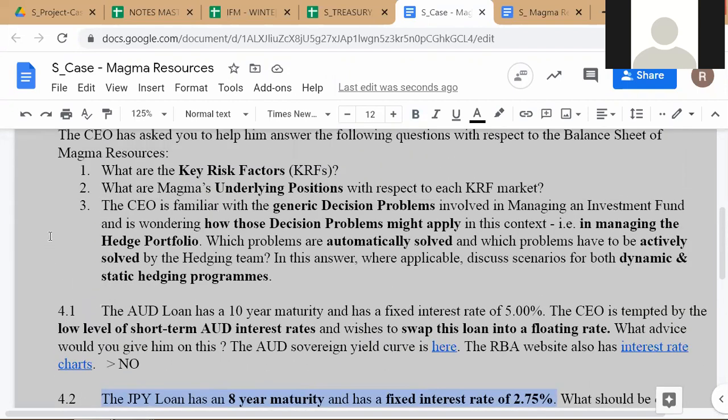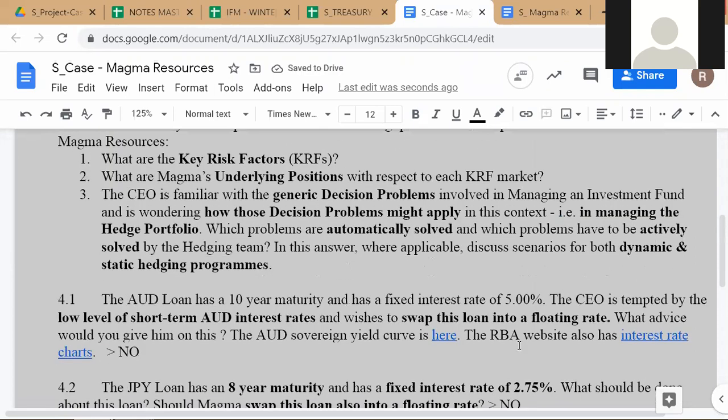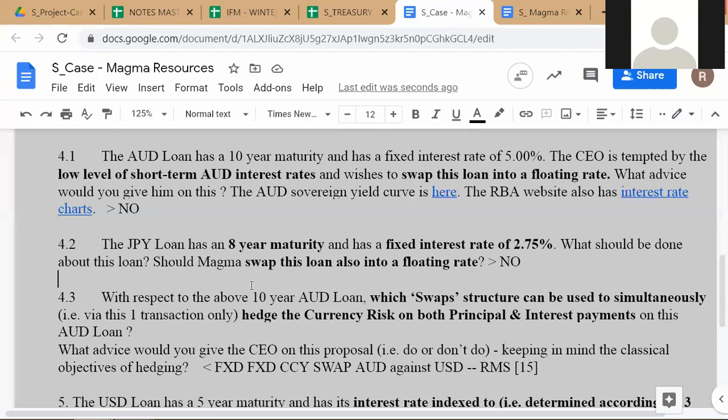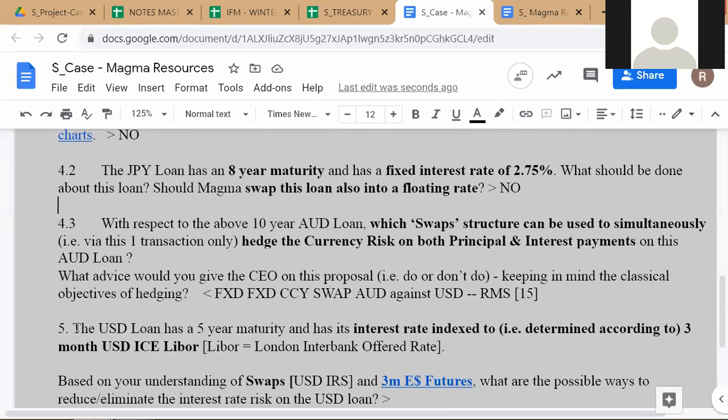So we are putting this information into the case, and it is being duplicated when we are asking the question. And then the US dollar loan has a 5-year maturity. When we're analyzing liabilities, you have to watch out for the maturity, and also whether it's a bullet maturity, but we'll come to that later.